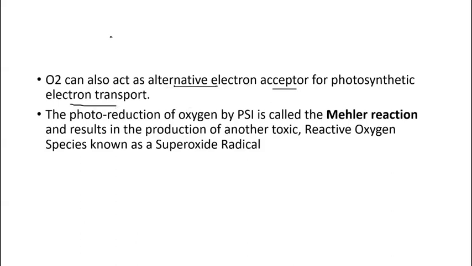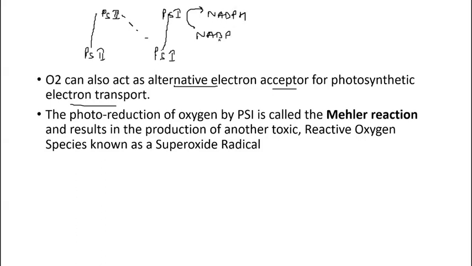In photosynthesis electron transport, if you remember, there was a Z scheme. PS2 becomes excited, and through several proteins in the intermediate, the electron is transferred to PS1. Then PS1 helps in the formation of NADPH.